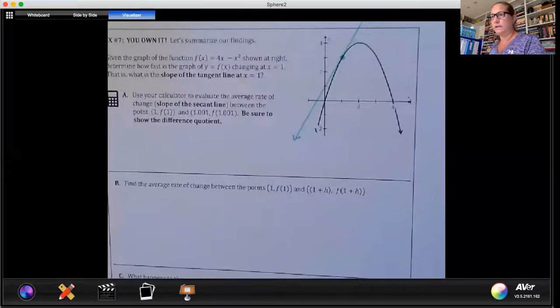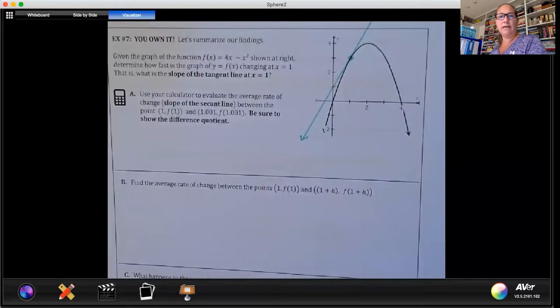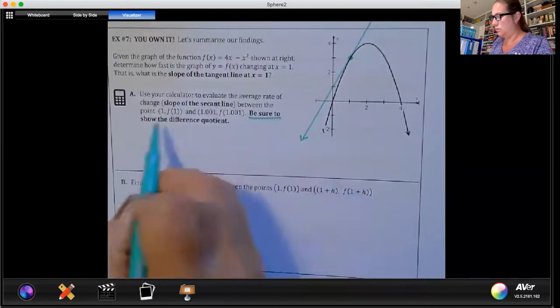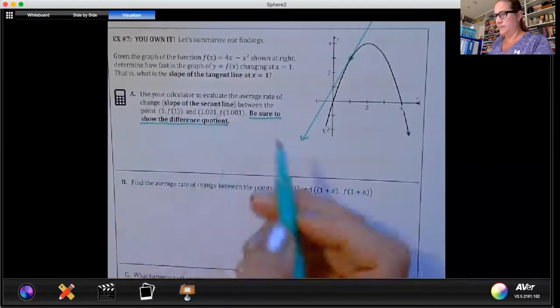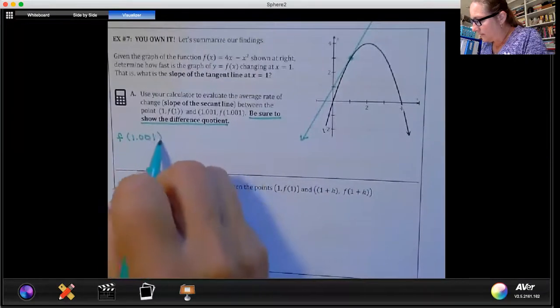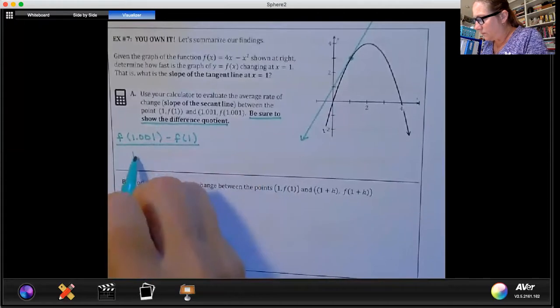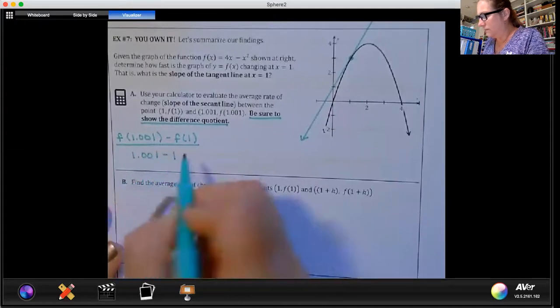So use your calculator to evaluate the average rate of change, the slope of the secant line, between the point 1, f of 1 and 1.001, f of 1.001, and be sure to show the difference quotient. All right, so you're using your slope formula, f of 1.001 minus f of 1 over 1.001 minus 1.